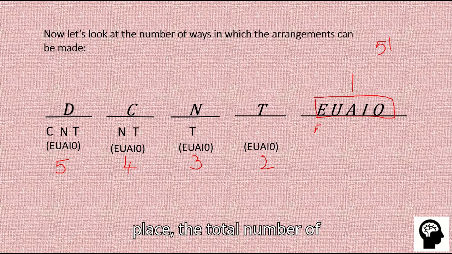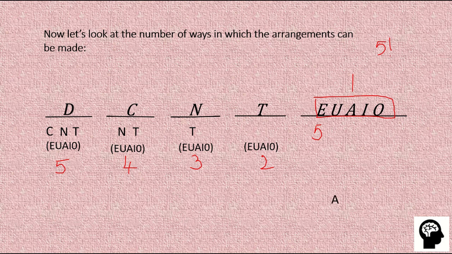For the second place, the total number of options will be 4, including U, A, I, O, are counted as 4.